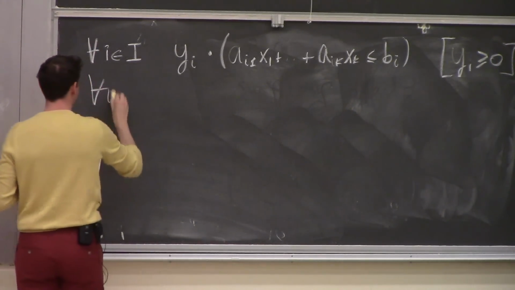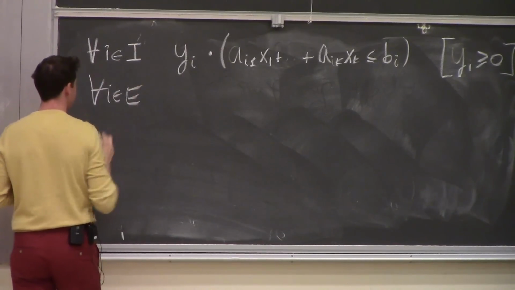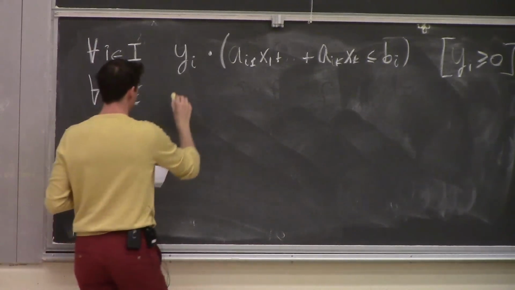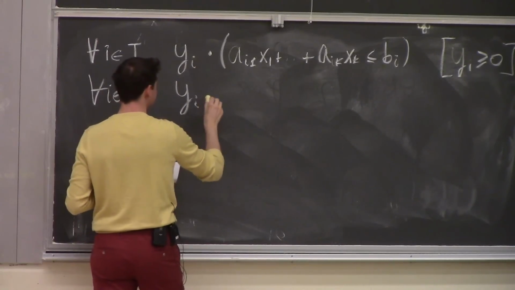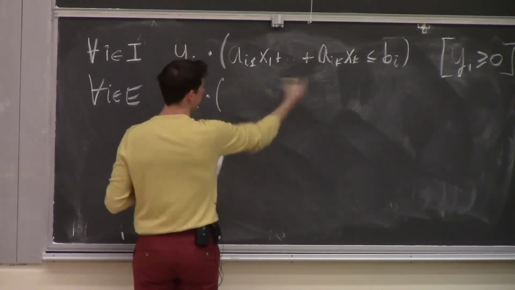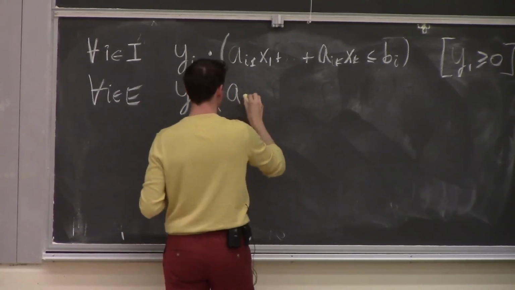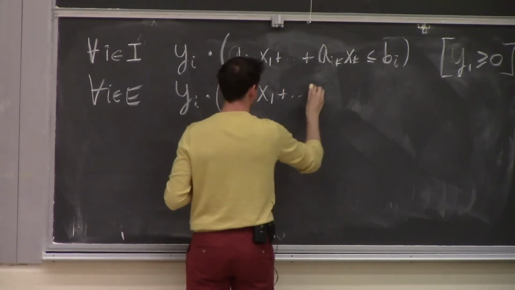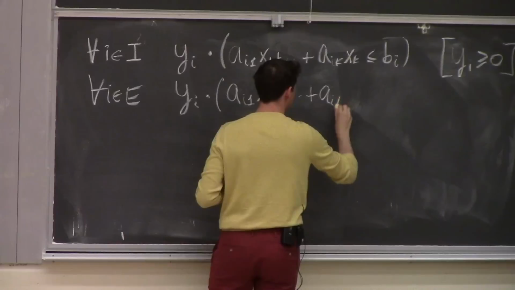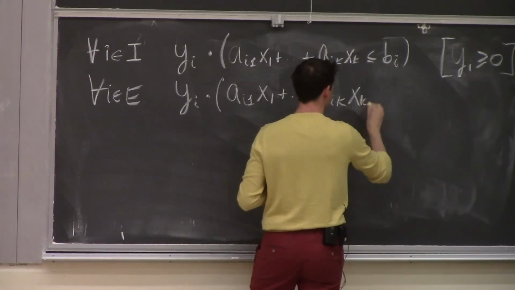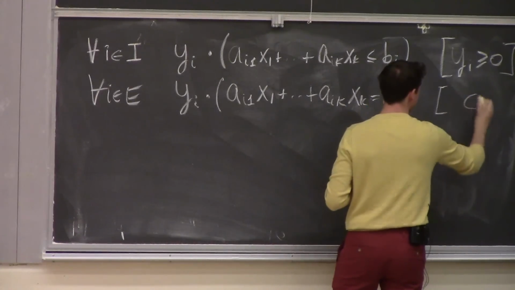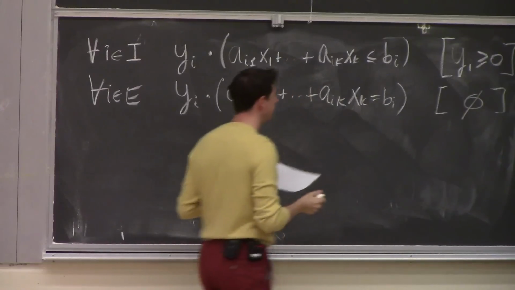Then, for every i that is in the set of constraints that are equalities, we're still going to consider y_i that multiplies the thing that looks like that, except with equal sign. So a_i1 x1, plus blah, blah, blah, and a_ik xk equals b_i. And here, we're not going to require anything, because it's an equality.